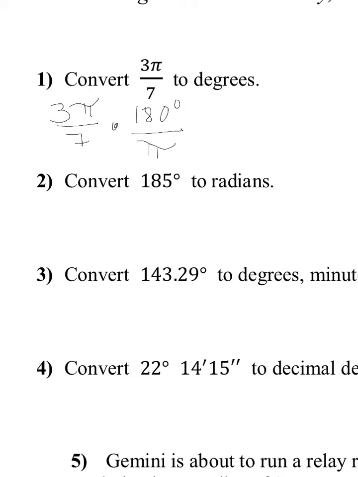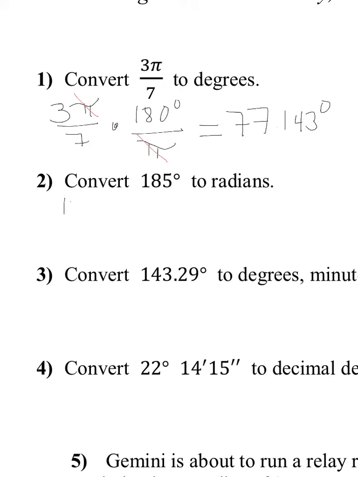So the pi's cancel out, and then we just multiply everything else across and divide. So we have 3 times 180 divided by 7, and when we put that in our calculator, we get 77.143 degrees.